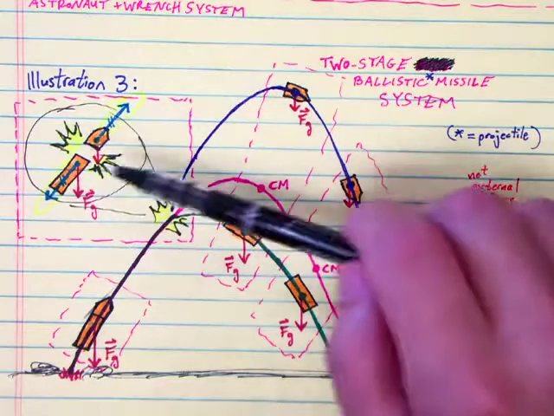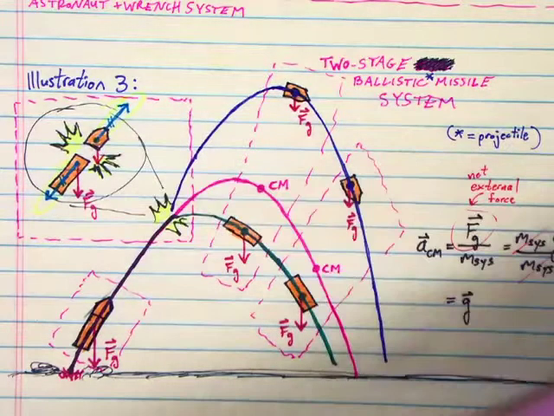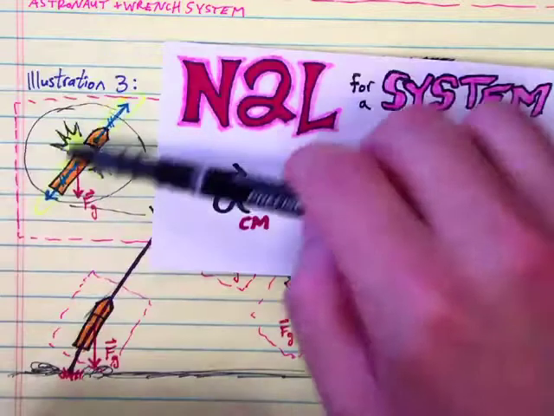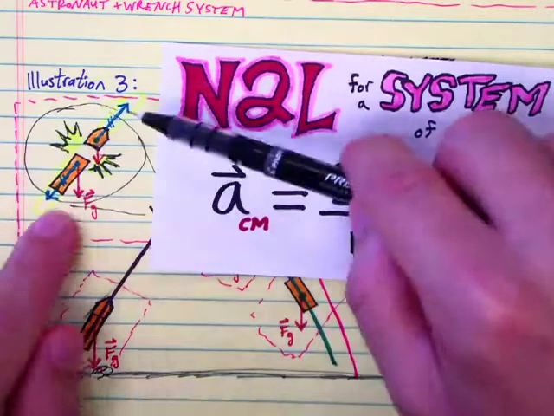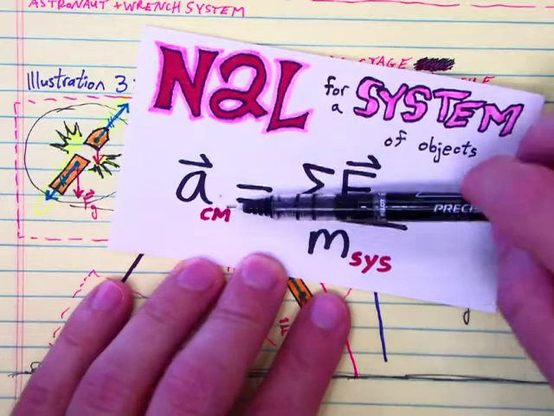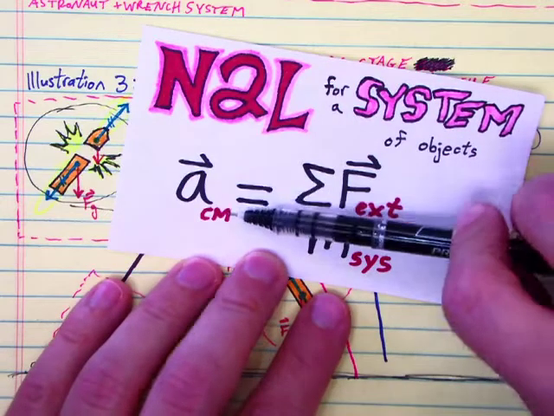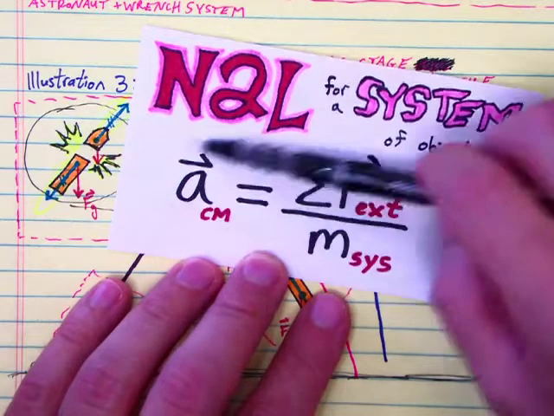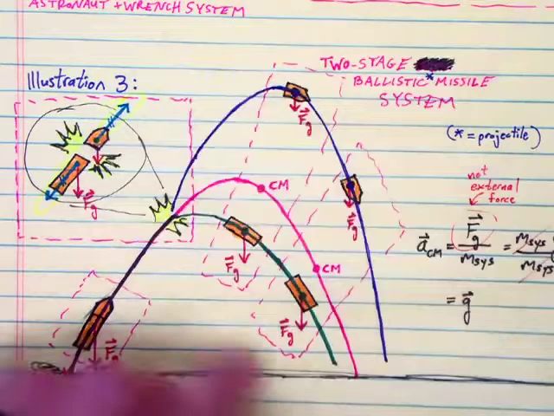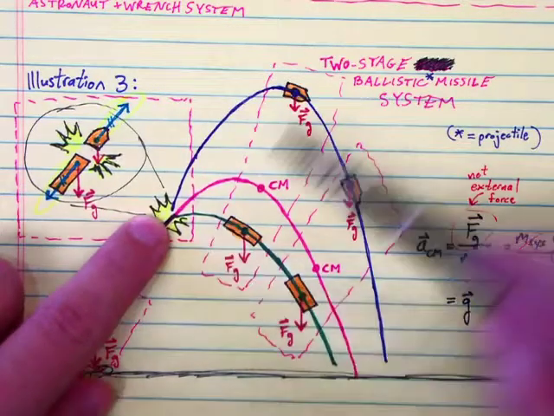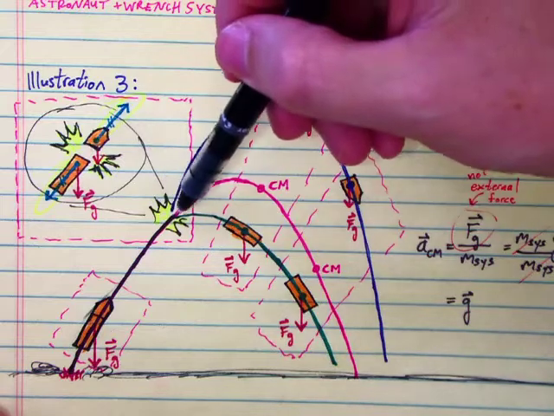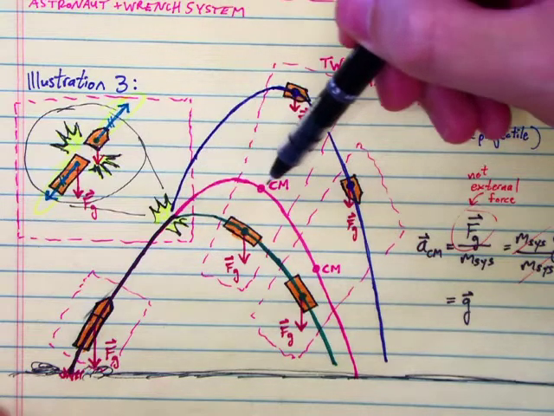But that internal pair is not external, and therefore this explosion, the separation of the two stages, has no effect on the motion of that imaginary point, the center of mass. The center of mass is not accelerated or affected in any way by this internal force pair. So beyond separation here, the center of mass of our system continues to move along the original trajectory.